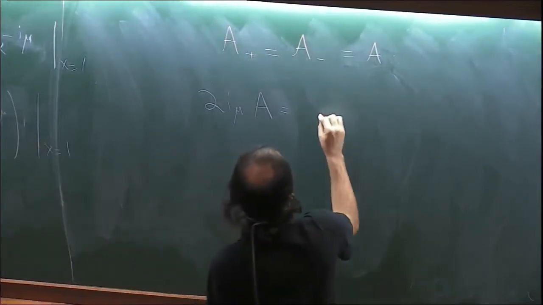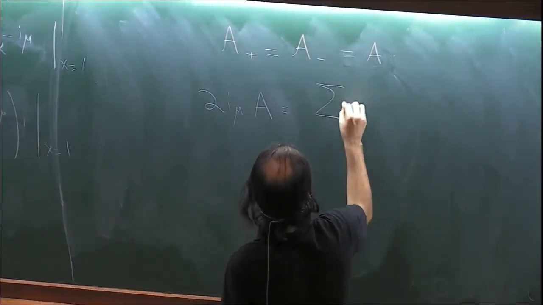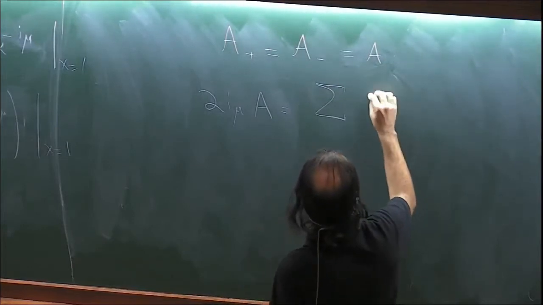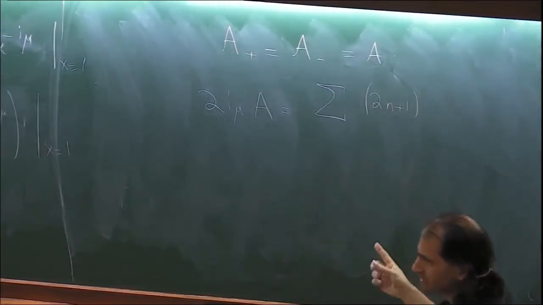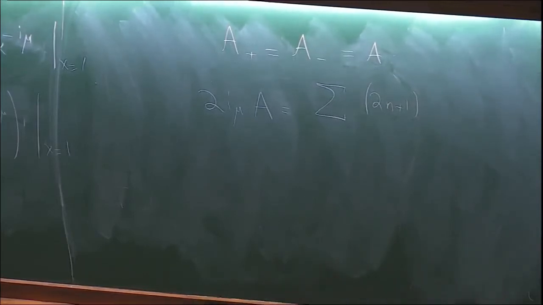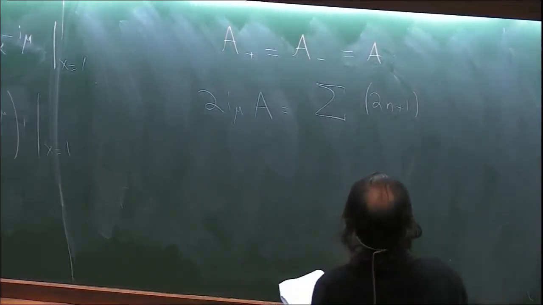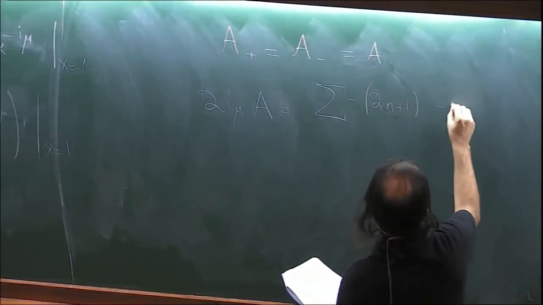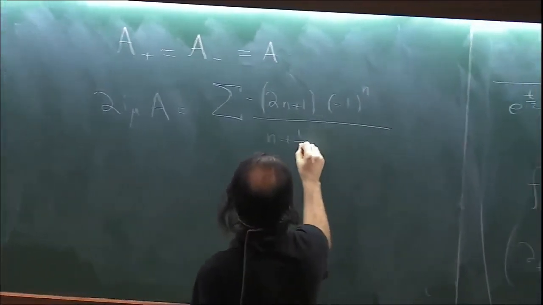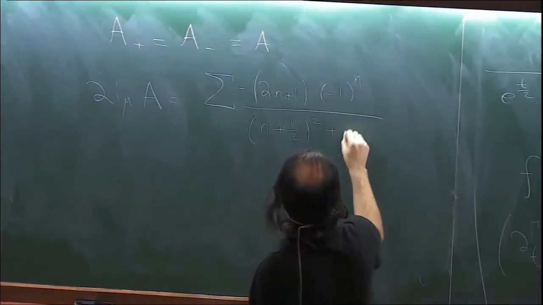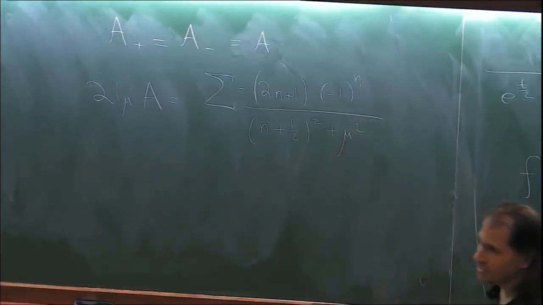which is the sum of 2n plus 1, so that's n plus a half minus n plus a half, a minus sign out in front, minus 1 to the n over n plus a half squared plus mu squared. So it's just a number. It depends on mu. It's a function of mu.